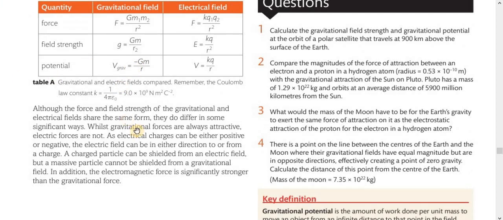This is the distance between the centers of the masses or centers of the charges. Okay, and one more thing, the gravitational field cannot be shielded. For example, now we are in the Earth's gravitational field, no matter whatever you have in between, it cannot shield the object from the gravitational field. Let's say you are on the floor, then you keep a metal, and then you keep some object above the metal.